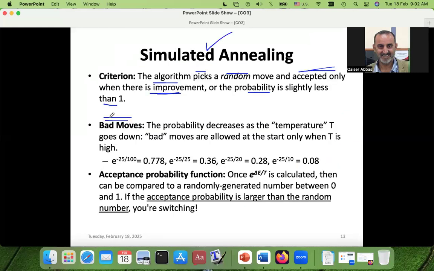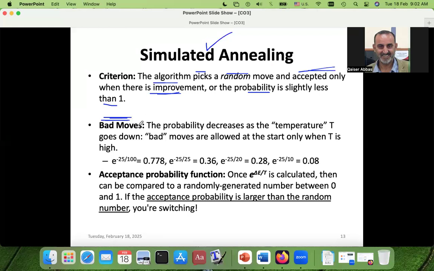So a bad move means moving in the downward direction. If your algorithm has this strategy, it will not get stuck on the local maximum. If you don't have this strategy, it is like hill climbing. It will get stuck on the local maximum, and your algorithm will not give you the global maximum.